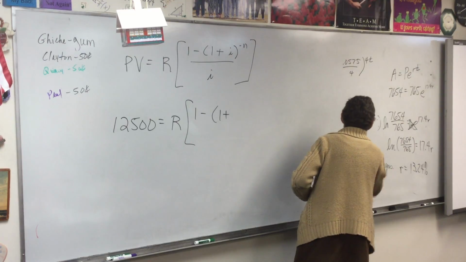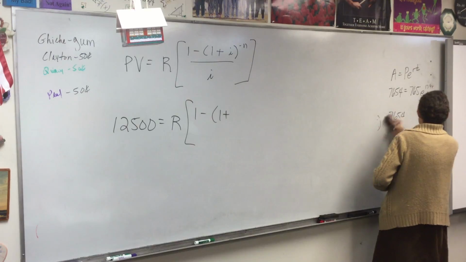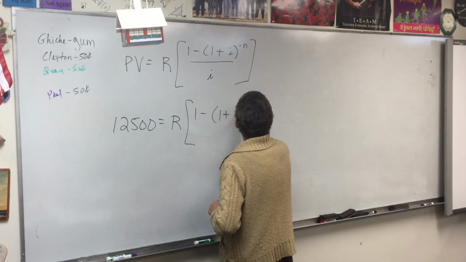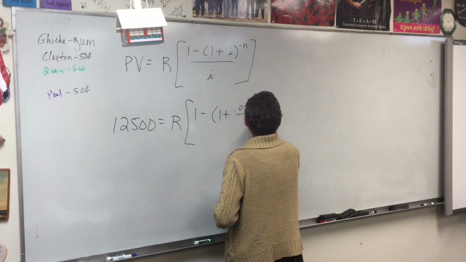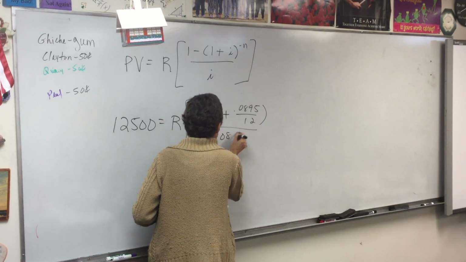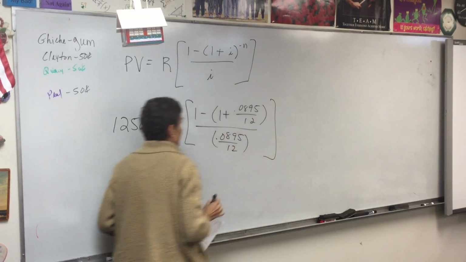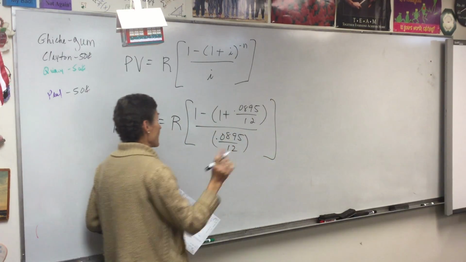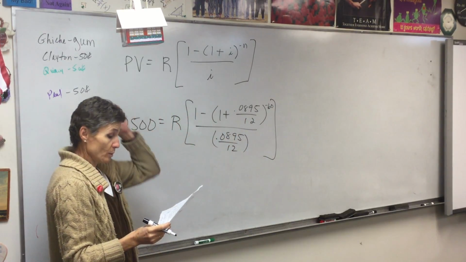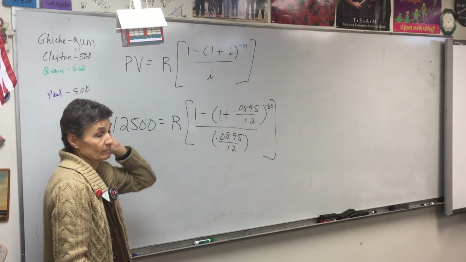What do we have to put in? Divided by 12. So we have to put in 0.0895 divided by 12. What power are we raising that to? The 60th, actually, yes, and it is negative. And why is it 60? Because we are making monthly payments for 5 years.